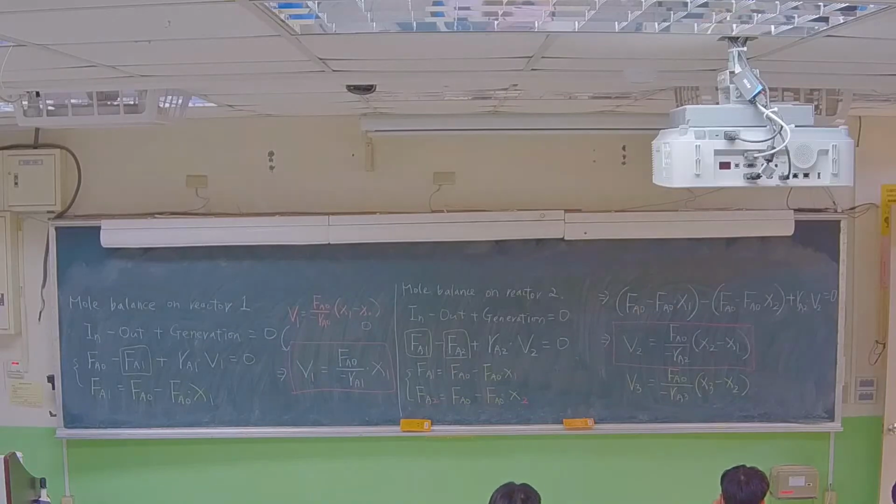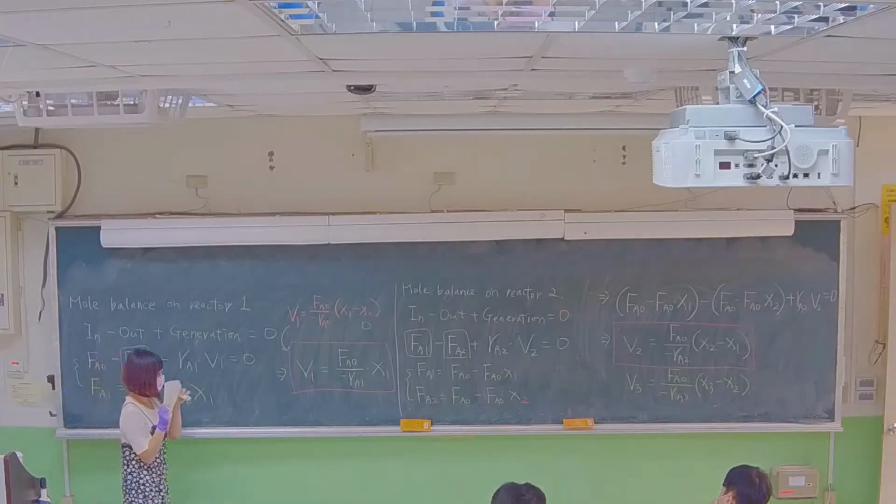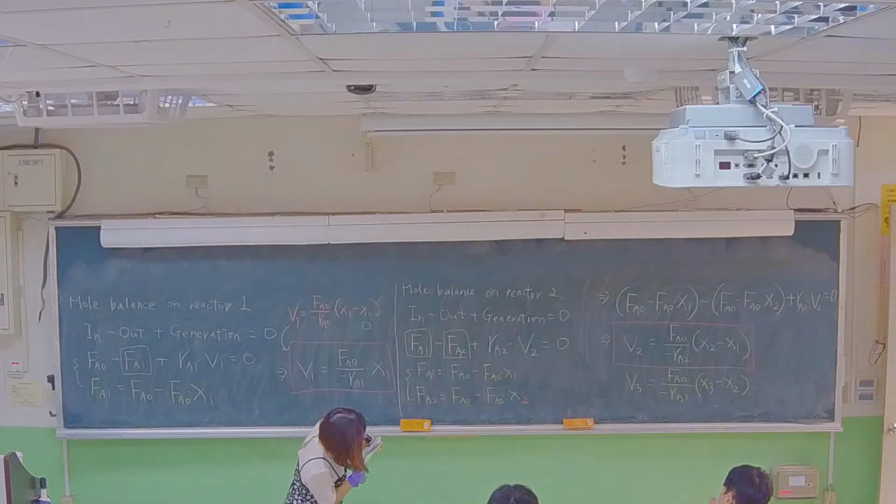If we have two CSTR in series, how to design? Use the same condition, and the target is also conversion equal to 0.8. Okay, we have to do this for two times.